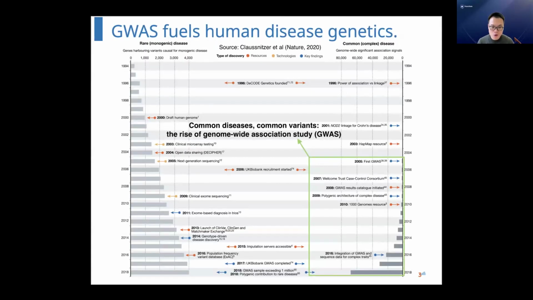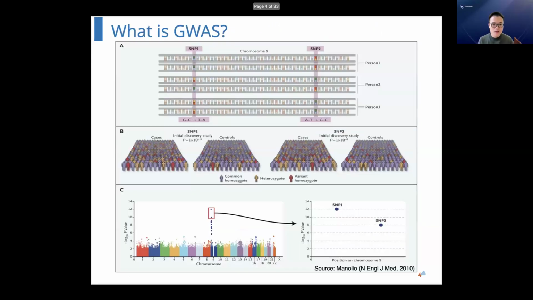So some of you in the audience may know this. Over the past 2 decades, GWAS, or Genome-wide Association Study, has been a very useful tool to identify common genetic variation underlying common and complex human disease and trait. Despite being a very powerful approach, GWAS has a surprisingly simple study design.